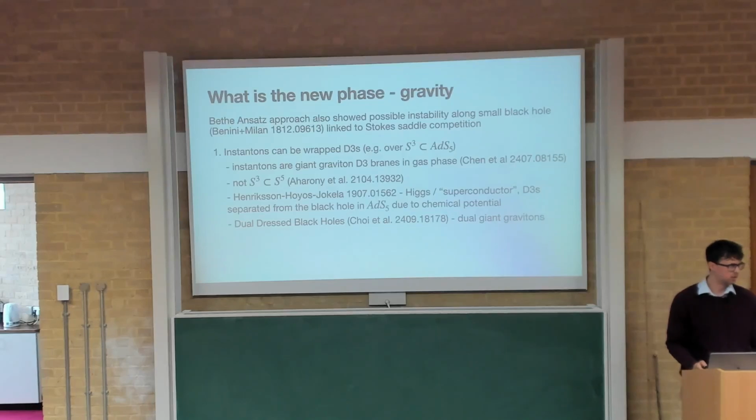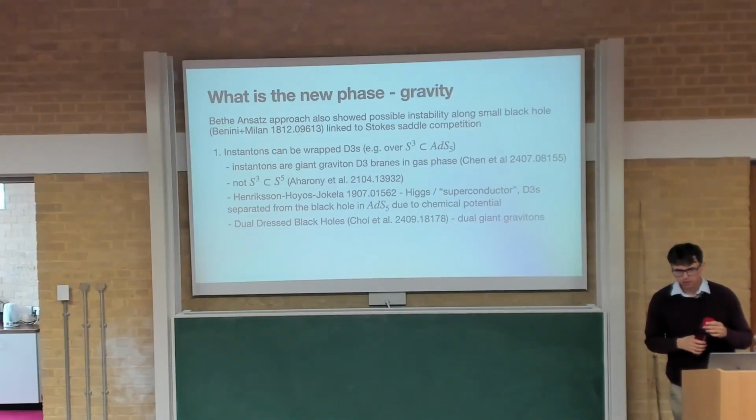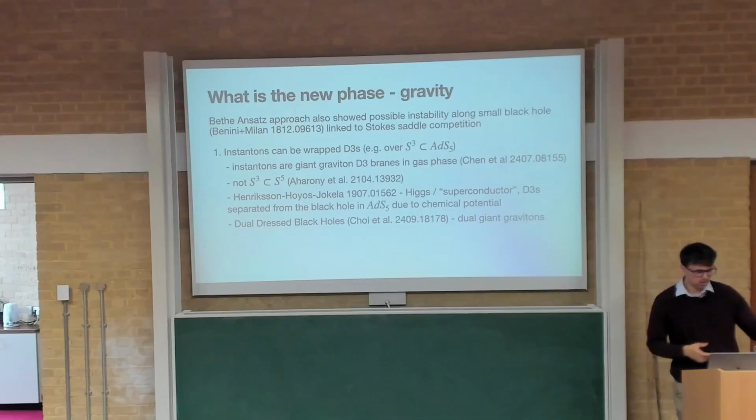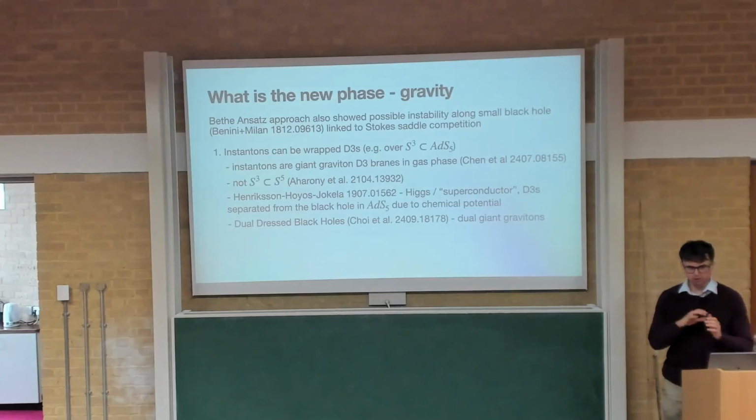It's not a gravity calculation. This was an index calculation. So these people checked whether the D brane wraps on the S3 in the S5. But I'm suggesting that maybe the D3 brane wraps on the S3 in the AdS5 instead. I don't have good evidence for that yet.